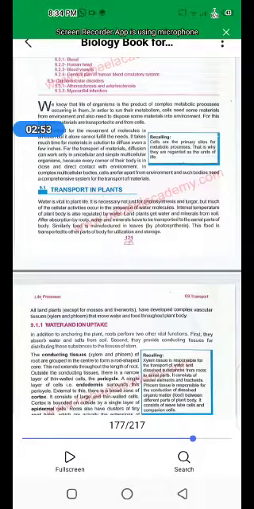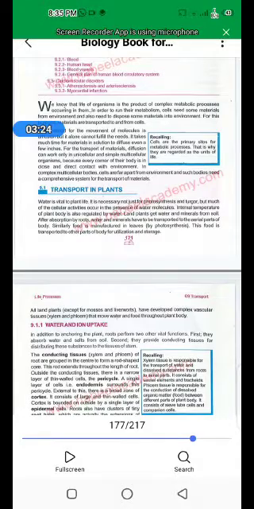Now from here we will start the role of the vascular system in plants. So over here the question, that is the role of water, ends. Next, land plants get water and minerals from soil. After absorption by roots, water and minerals have to be transported to the aerial parts of the body.